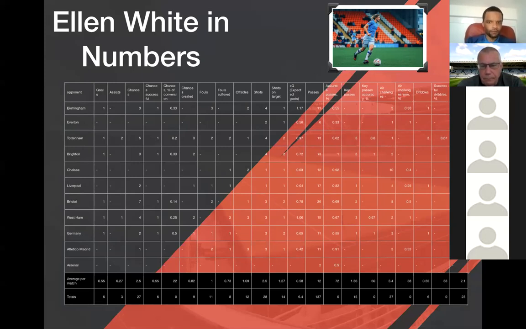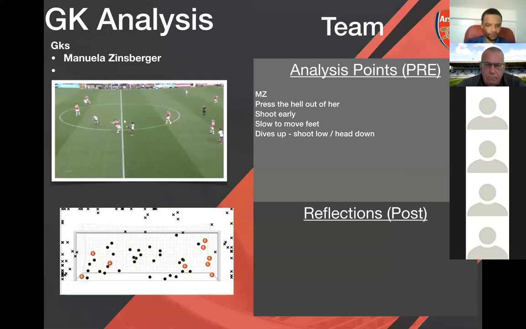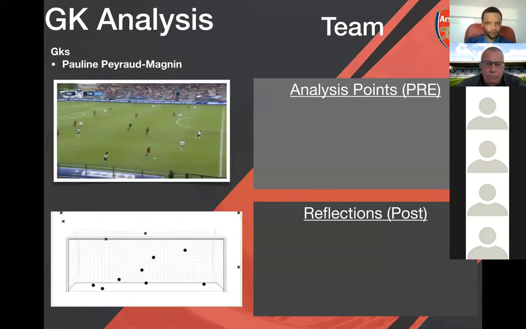And one thing with Ellen is she's had a lot of injuries. So it's, again, stringing a run of games together for her. Her stats are better when she's played 3 or 4 on the bounce, and then she becomes one of the most prolific strikers in the world. So for me, having the clips to back this up as well. So looking at opposition goalkeepers and some stats around them as well.